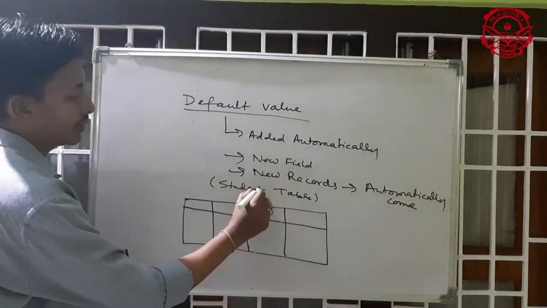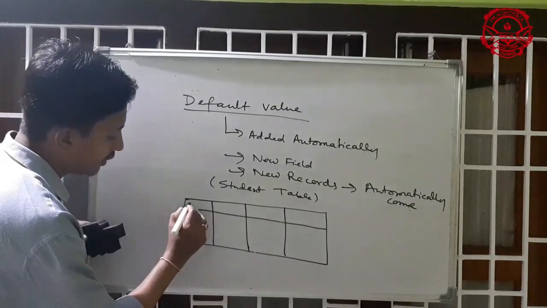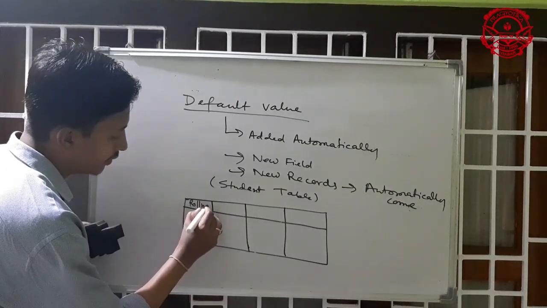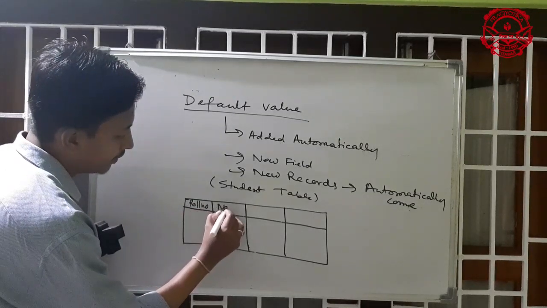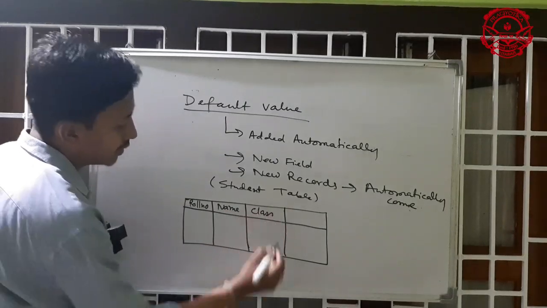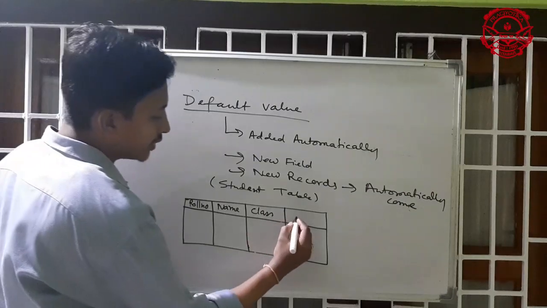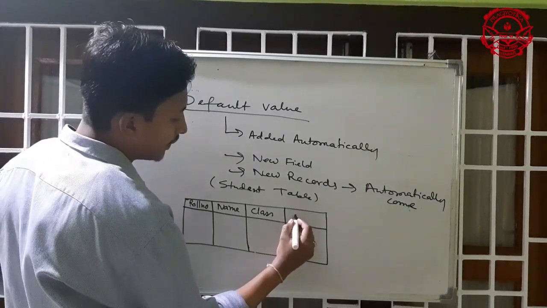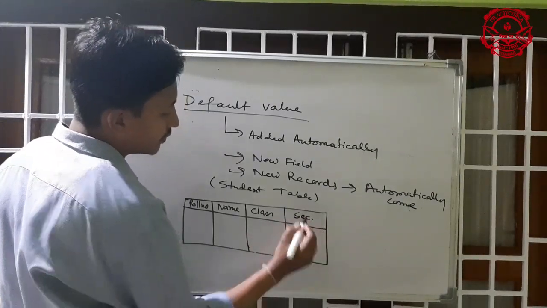This is a student table. Okay, now in the student table, first is roll number, name, class, and the last option is what? The sections.